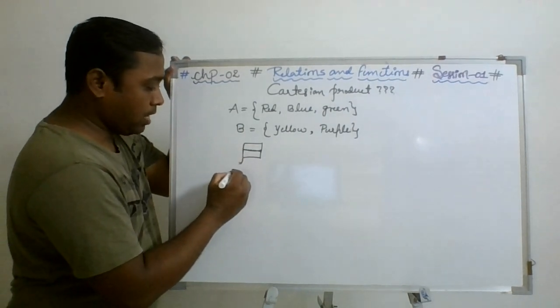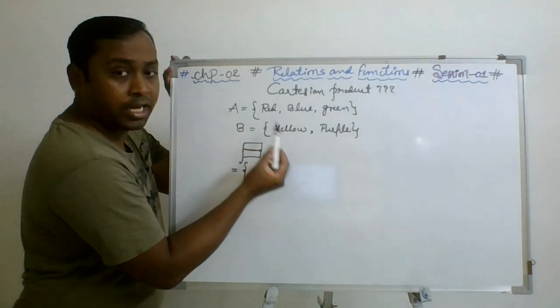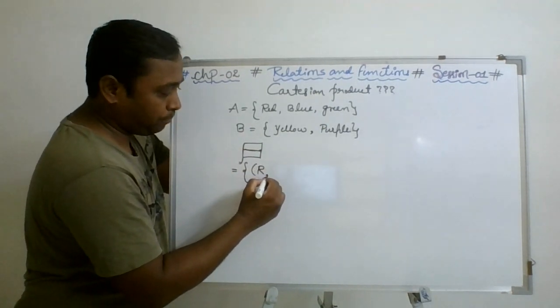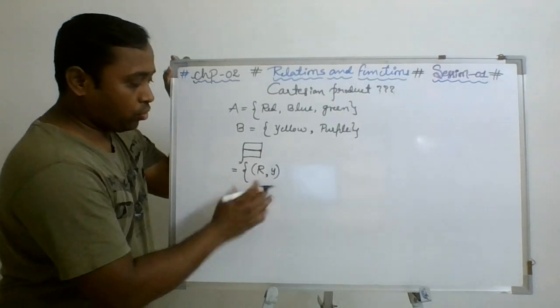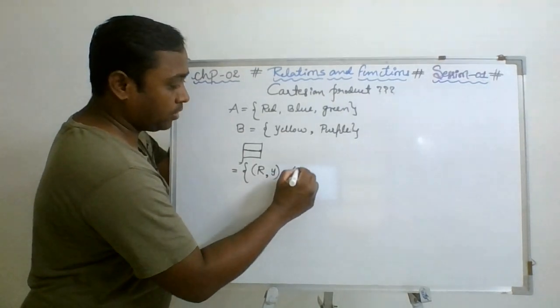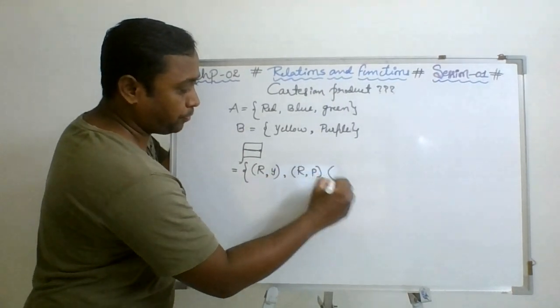First, I can make a combination with red and yellow. I am writing red as R, yellow as Y, so this will be one of the combinations. Secondly, the red color may also combine with purple.